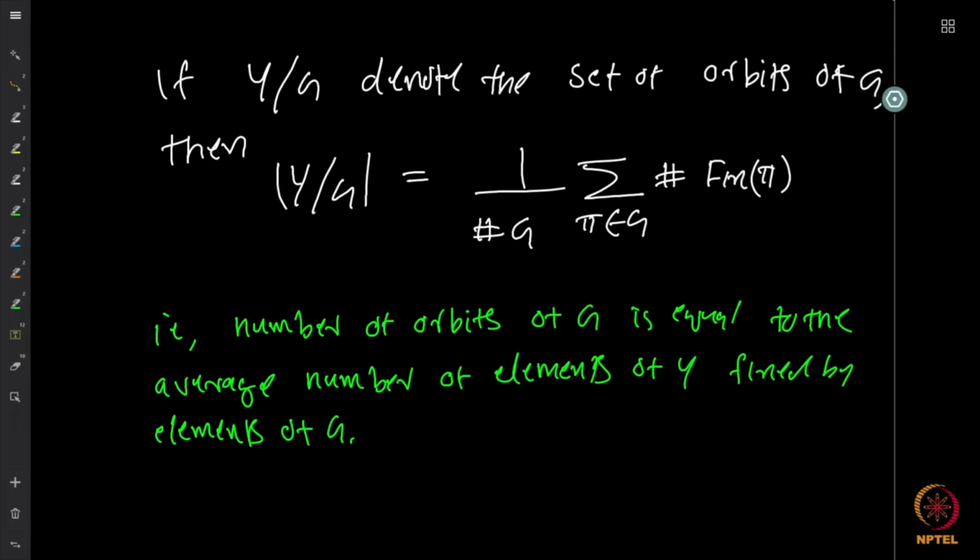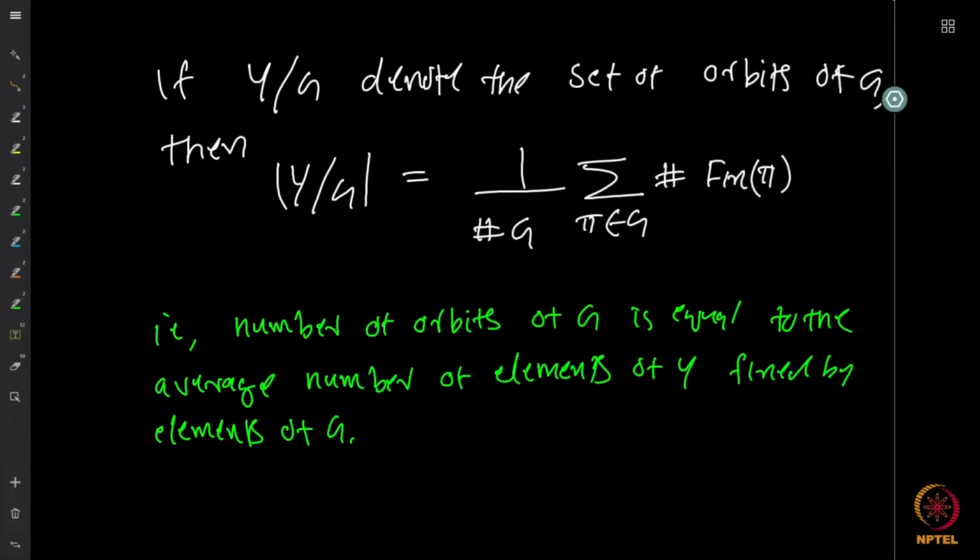The elements which are taken by the action of a group, if I take one element, it is going to a subset of the elements, and these subsets form an equivalence class, and that is an orbit. And so we get this orbit.